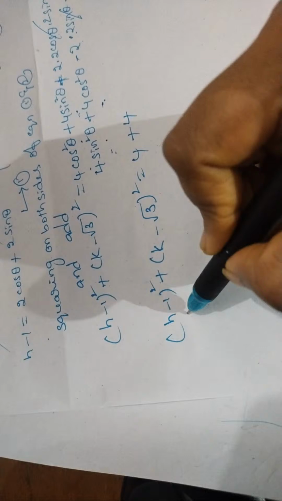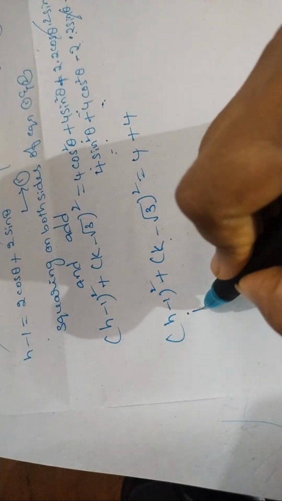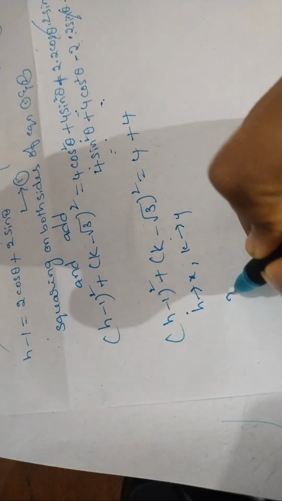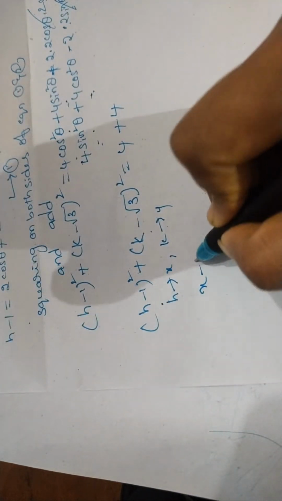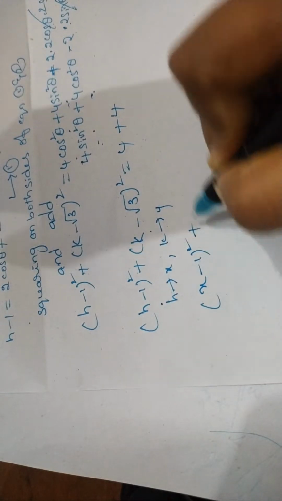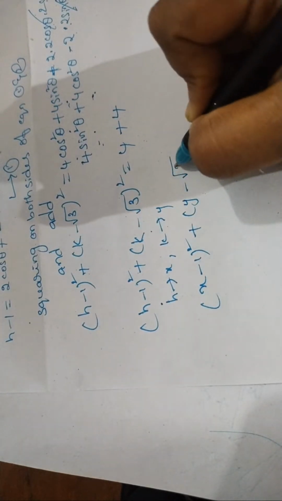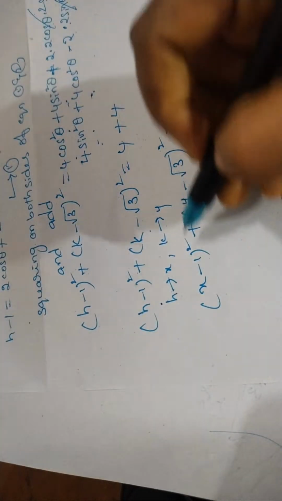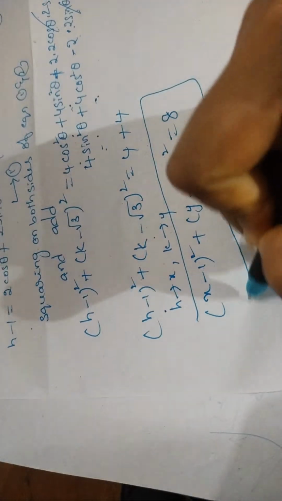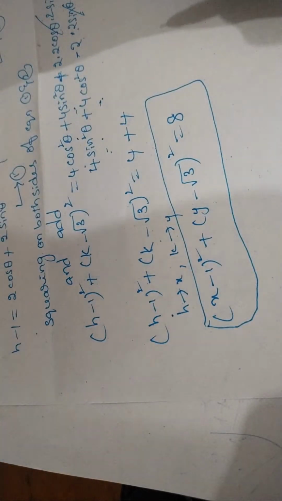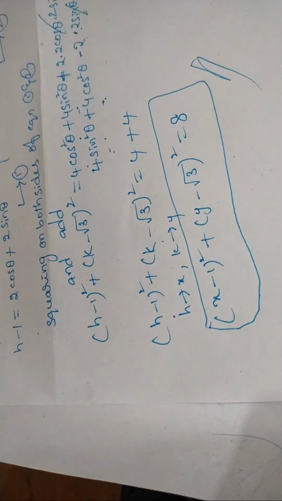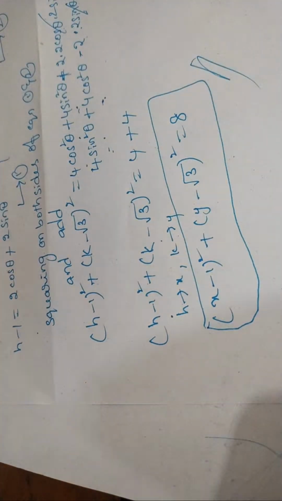In the options they gave x and y, so replace h by x and k by y. So write (x minus 1) whole square plus (y minus root 3) whole square equals 8. So this is the solution. This is the locus of the orthocenter of the triangle. I hope you are understanding. We'll continue later.